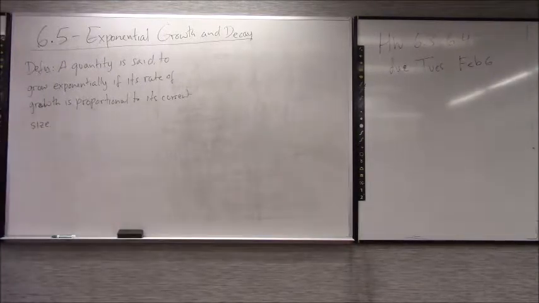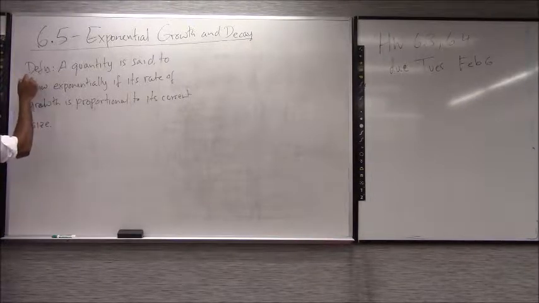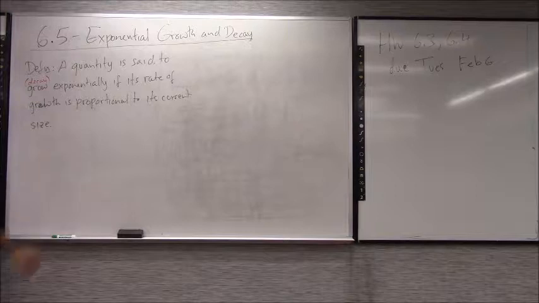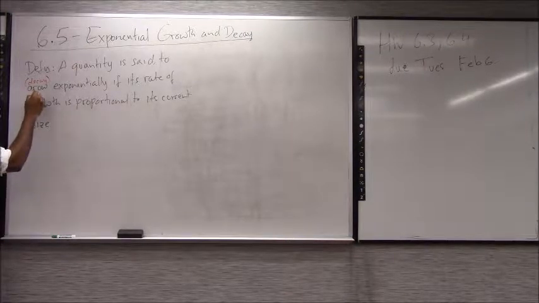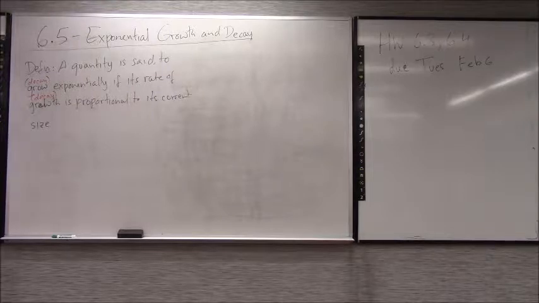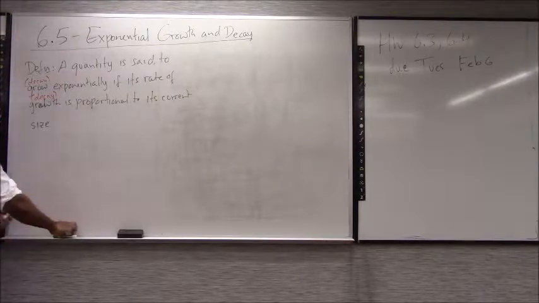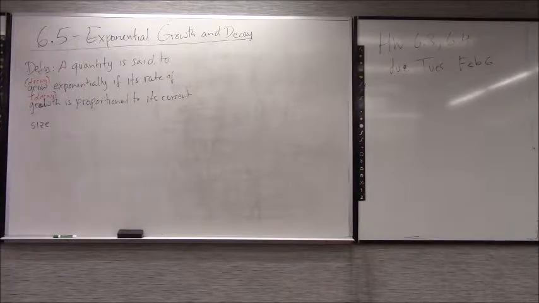And you could also say a quantity decays exponentially if its rate of decay is proportional to its current size. Okay. The difference is growth of course means increase, decay means decrease.